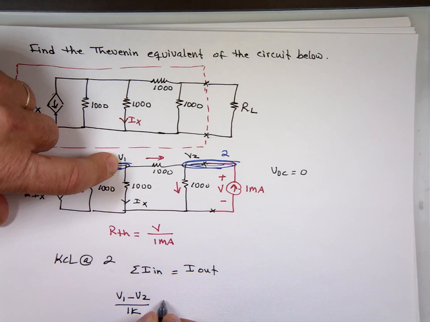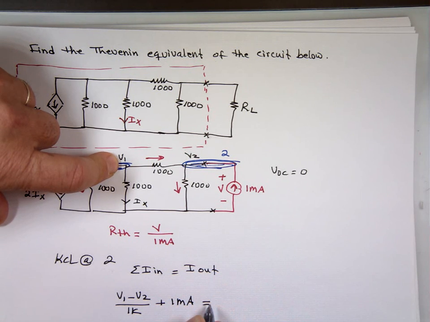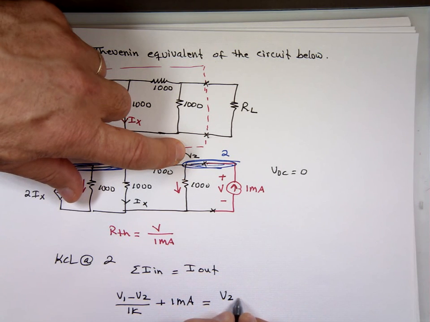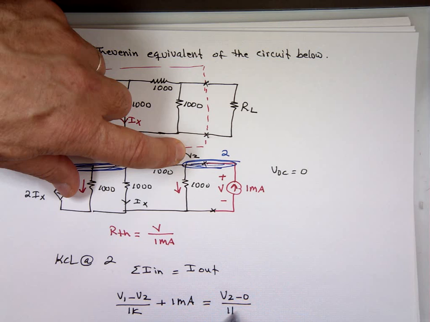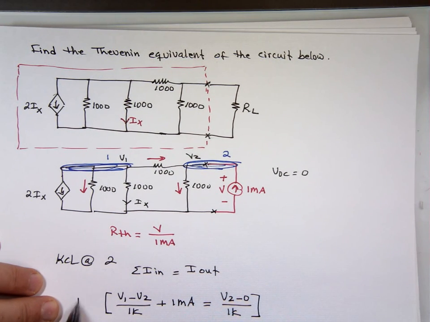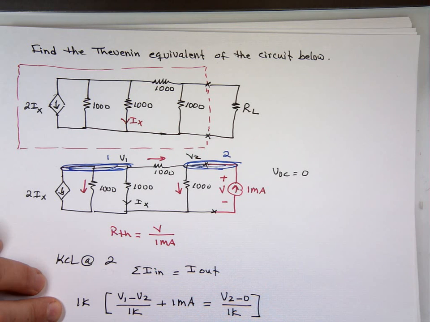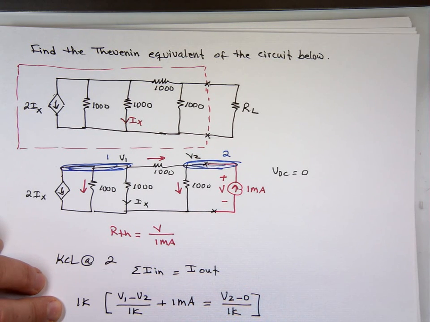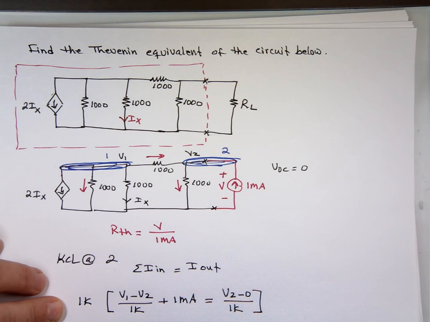What else? 1 milliamp, equals the current leaving, which is V2 minus 0 over 1K. So when you multiply by 1,000, or 1K, you have V1 minus V2 plus 1 equals V2. So the first equation: 1 equals negative V1 plus 2V2.